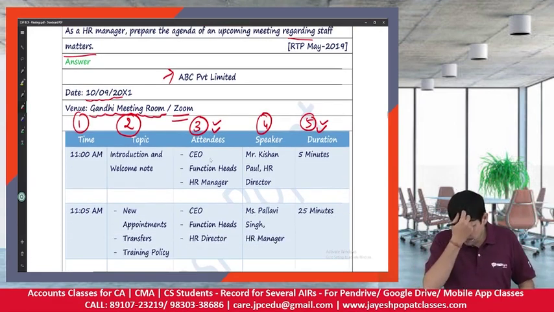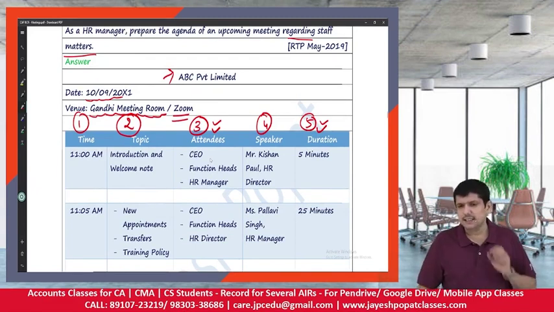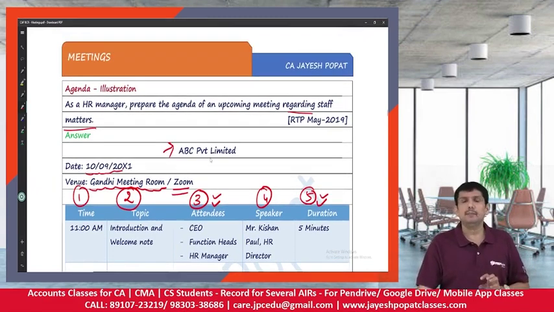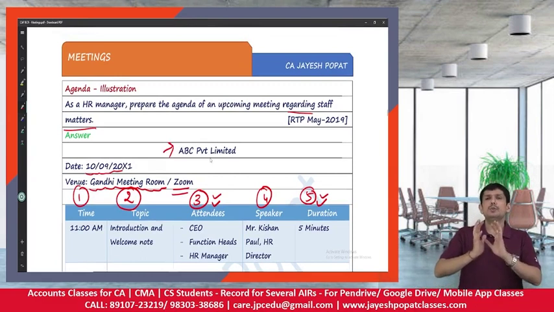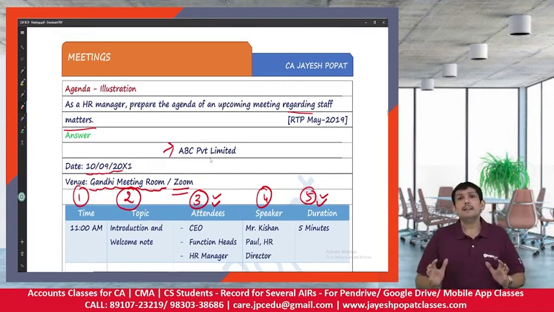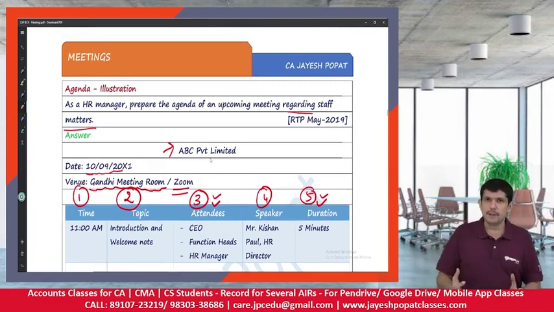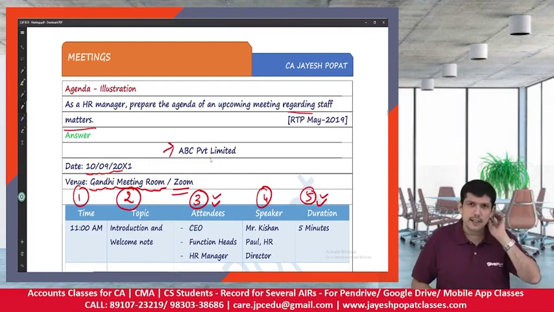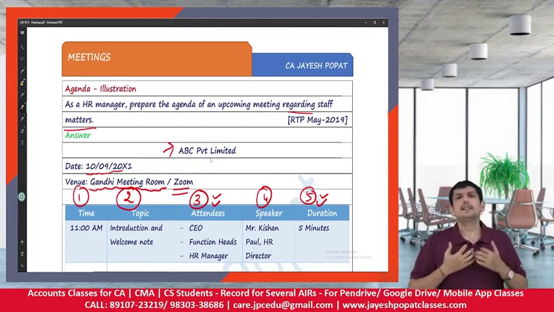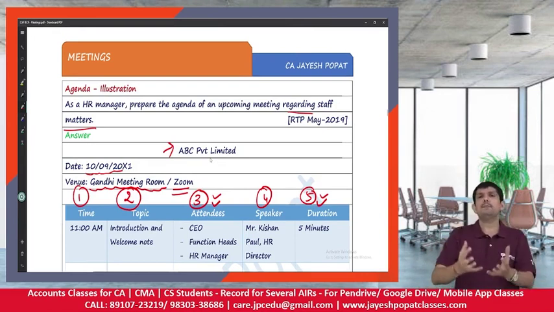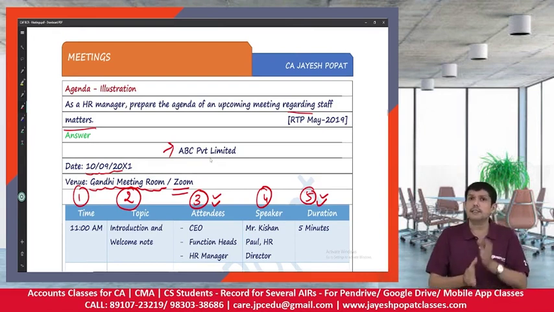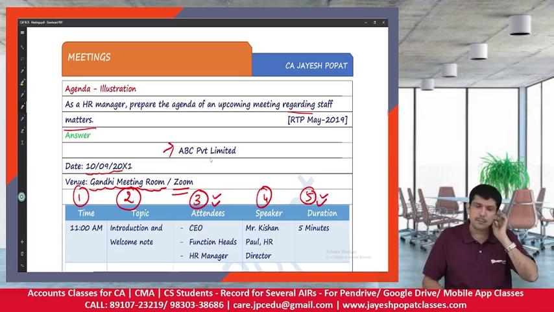Now, as per me, if it's an HR related meeting, it is basically to do with people, right? And policies relating to the people or the employees of the organization. So, as per me, the senior most people in the organization should participate in this particular meeting.